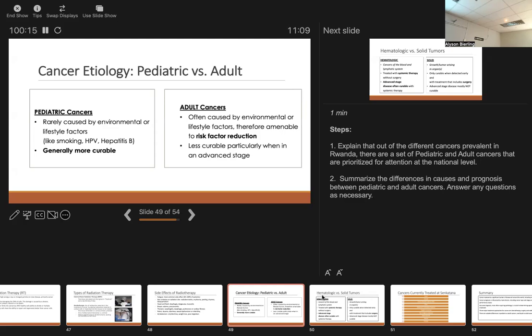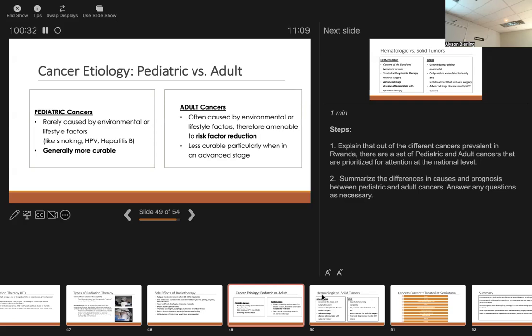They're more random. And generally, these cancers are more curable. So in high-income countries, the 5-year survival rate for all pediatric cancers is about 85 to 90%.